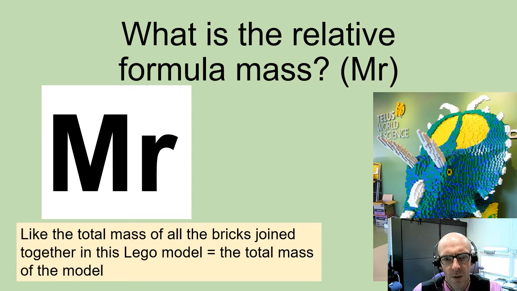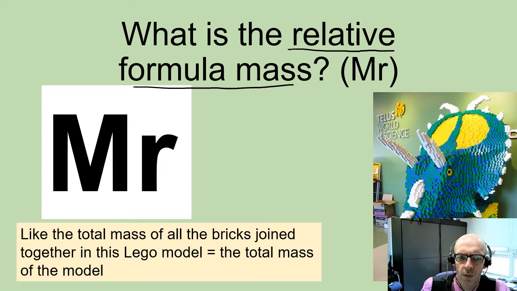So now we go on to relative formula mass. We've just dealt with A and a small r, and now we deal with Mr. This is the mass of atoms, and this is the mass of molecules.